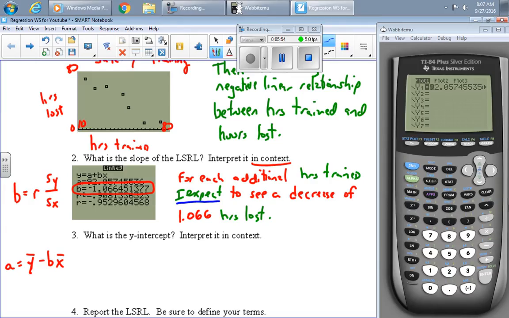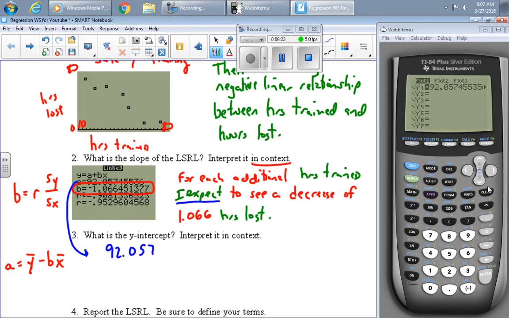Now the y-intercept is going to be this value, that a, so the y-intercept is 92.057. Sorry, not negative 92, 92.057. And what that means is when x is 0, I expect about that much y.